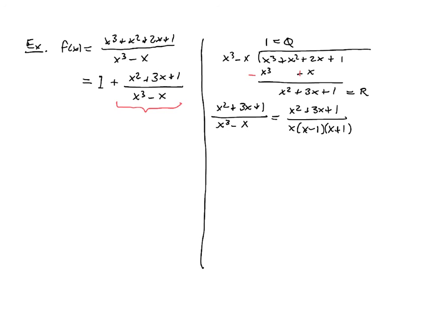I have 3 distinct linear factors in the denominator, so I can apply my fact from the previous slide to know that that can be written as a over the first factor plus b over the second factor plus c over the third factor.